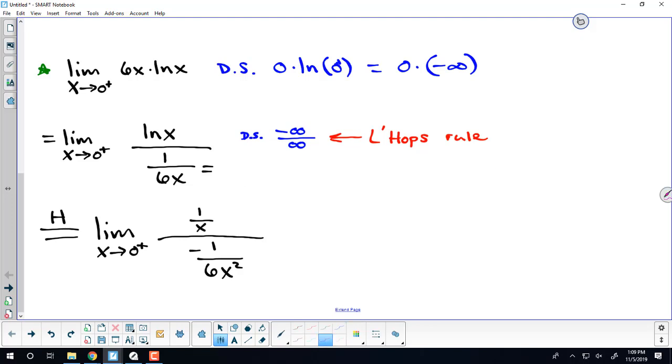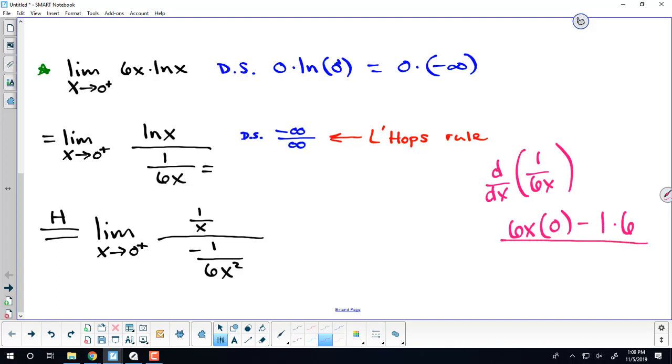Well, we have the bottom times the derivative of the top minus the top times the derivative of the bottom, all over the bottom squared. Yeah, I know what you mean. All over 36x squared. So that's where the negative comes from.